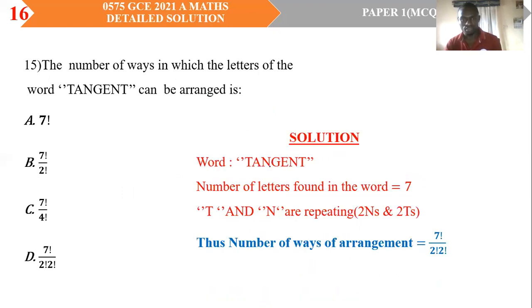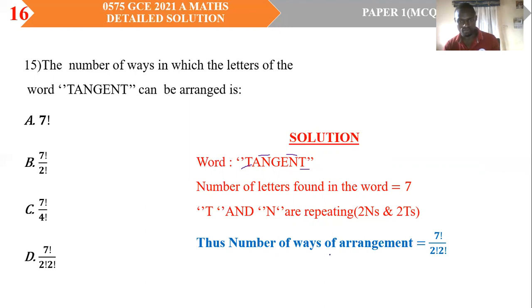Solution. The word tangent is spelled T-A-N-G-E-N-T. The number of letters in the word is 7. But out of the 7, the T and the N are repeating. So we have 2 T's and 2 N's.